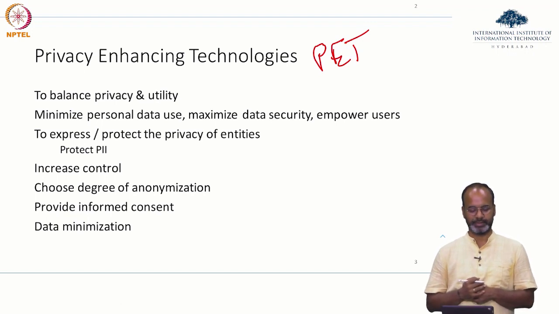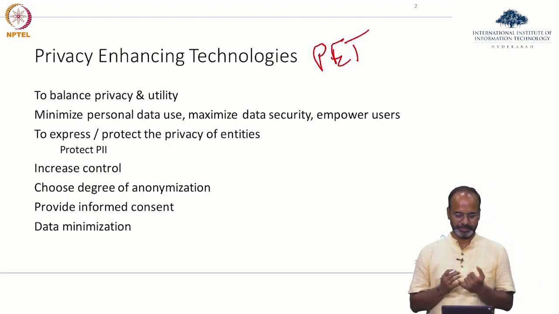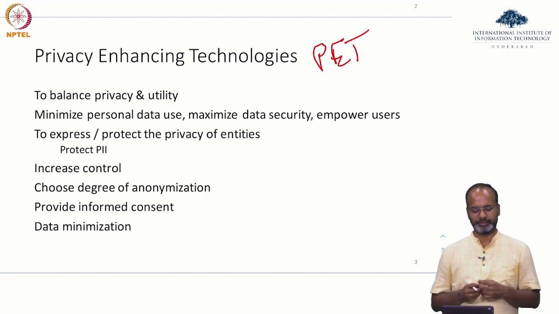Privacy enhancing technologies. So the goals for these technologies are: minimize personal data use wherever possible. Can the use of personal data be minimized? Maximize data security, and empower users, right?